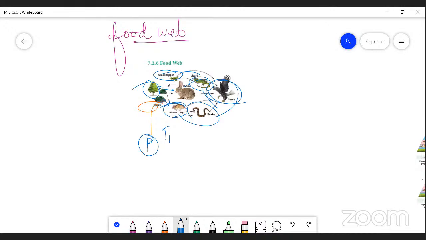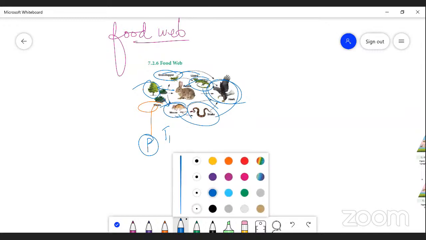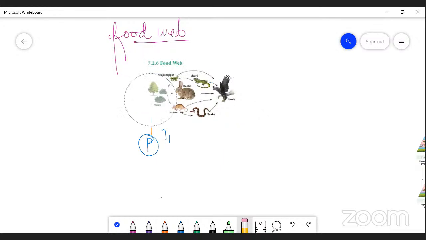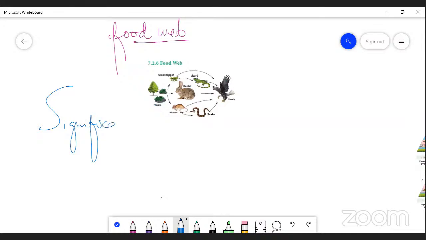What is the significance of food web? Next we must know the significance of food web. Actually, food web construction helps to describe the patterns of various living organisms in an ecosystem.